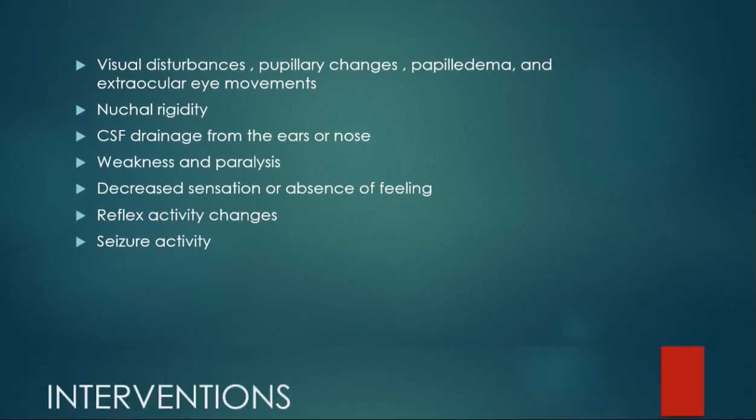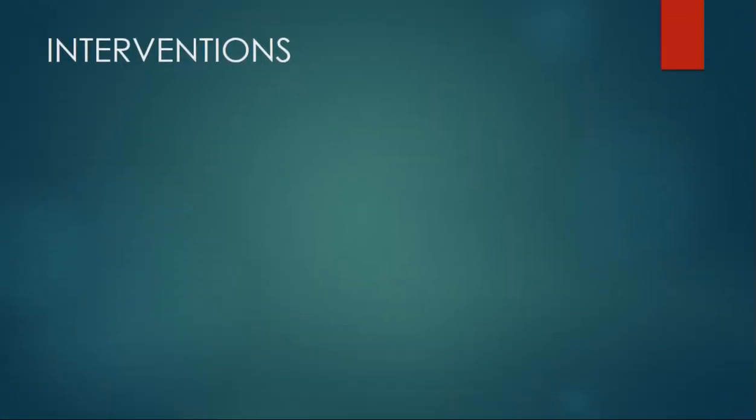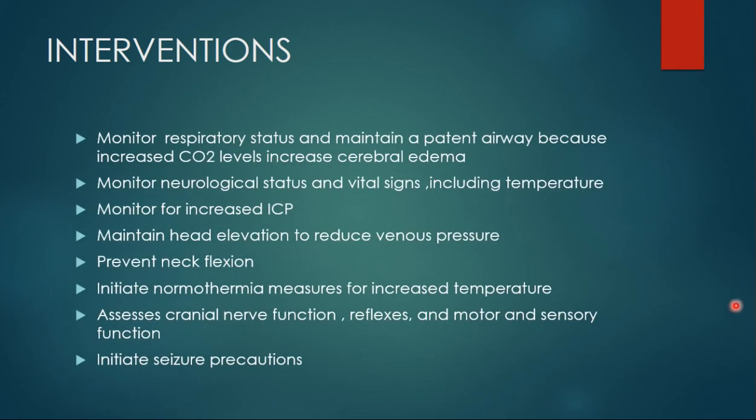Next, interventions. What is the nursing management? What can you do for the head injury? Monitor respiratory status, maintain the patent airway, because increased carbon dioxide levels increase cerebral edema.